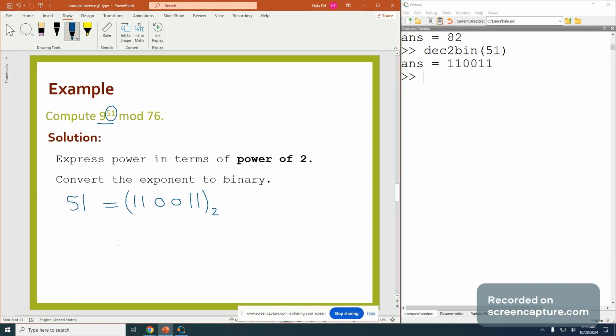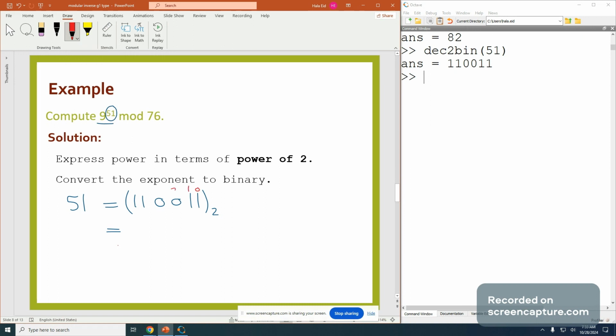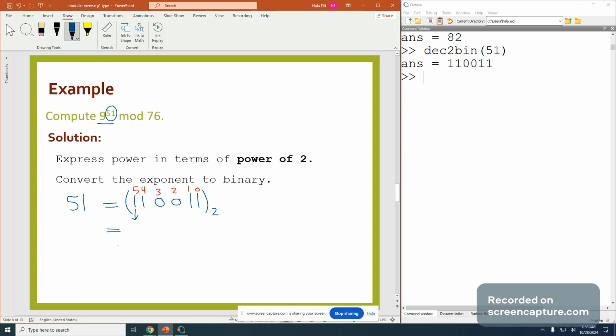So this is actually the same as, if I want to take it back into decimal, what I have to do is label all these digits. So this is 0, 1, 2, 3, 4, and 5. And then to get its value, what I have to do is take the base 2. All right, so this one is the same as 2 to the power of 5 times 1.